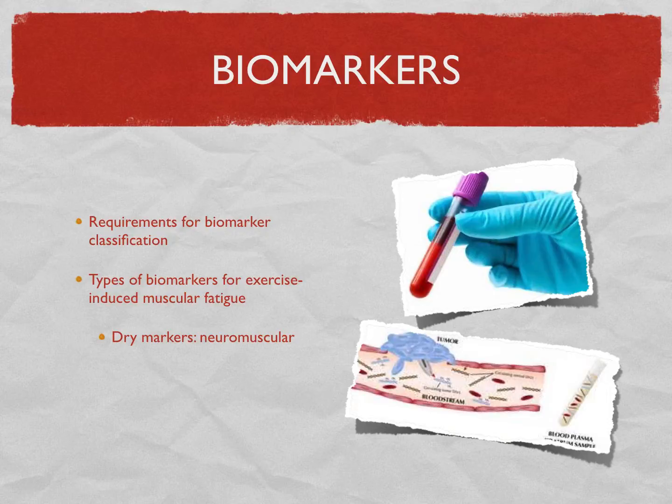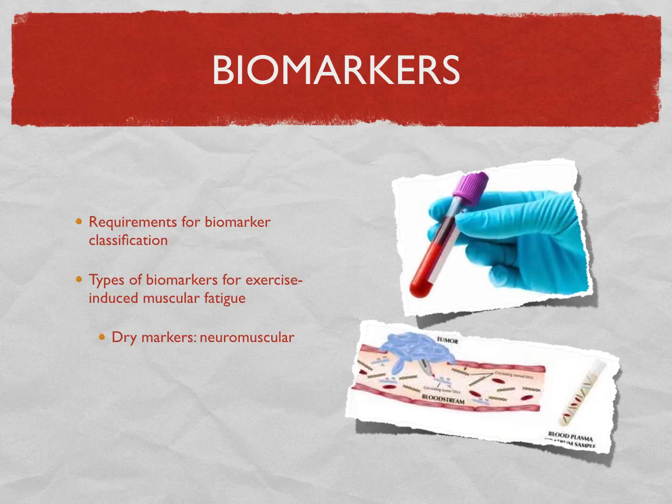But as we look at the types of biomarkers for exercise-induced muscular fatigue, we're going to stick with this fatigue concept for now because this is what they've talked about. In most of the literature out there, they talk about exercise-induced muscular fatigue, and they go from neuromuscular all the way to oxidative stress, down to skeletal muscle damage.